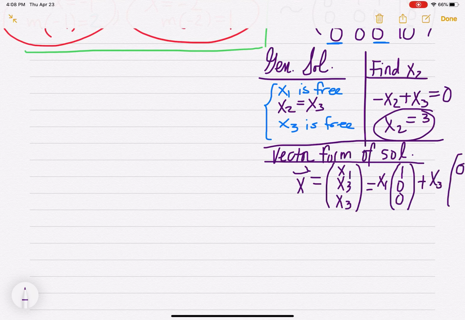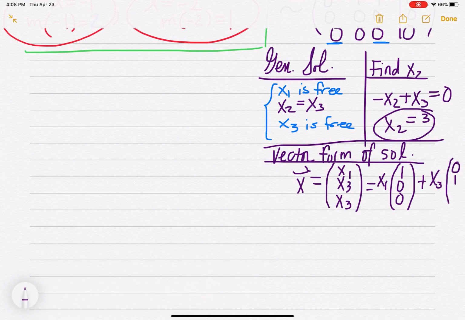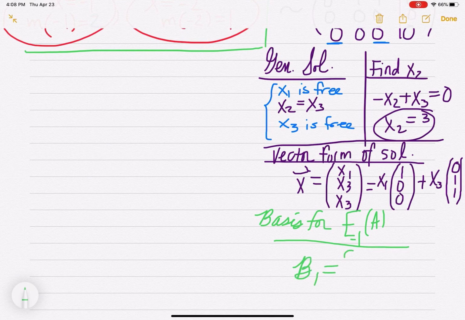We're going to have 0, 1, 1 as the coefficients for x3. So you're looking for a basis here, a basis for the eigenspace of A associated with the eigenvalue -1. We'll just call it B1. Basis 1 consists of these two vectors right here. This time we have two vectors: 1, 0, 0 and 0, 1, 1.